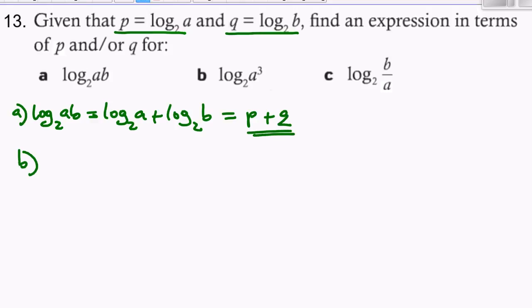For B, we have log to base 2 of A cubed. Can bring that power to the left.